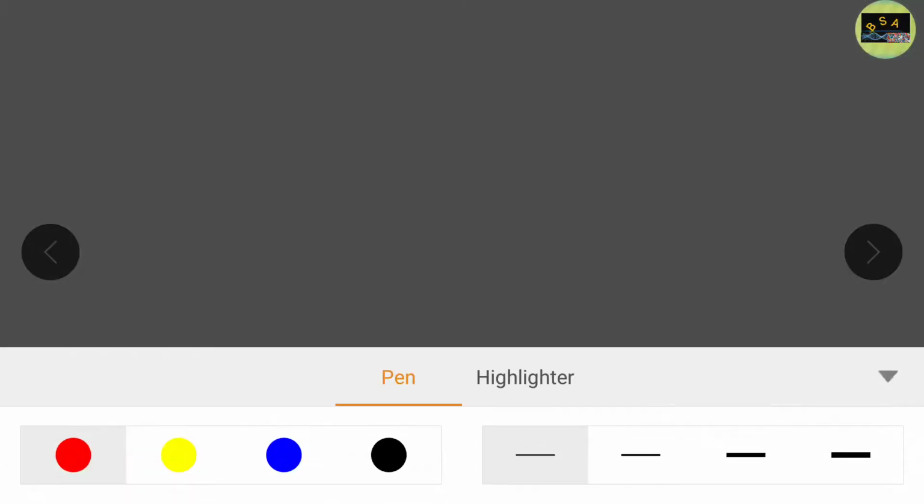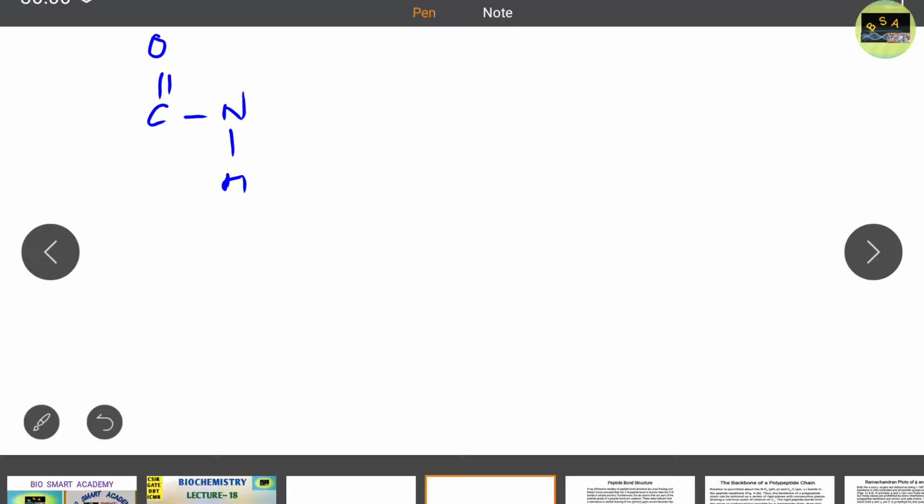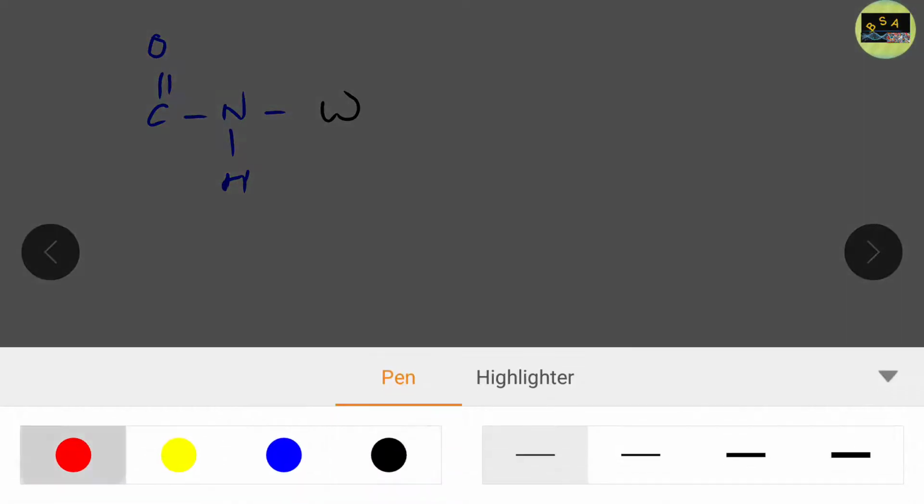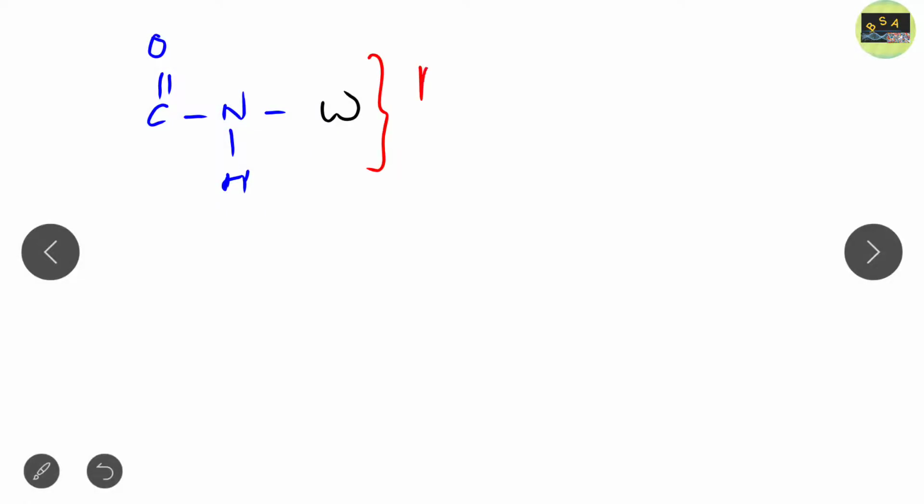Okay, so if you look at this structure, that is CONH, the angle is omega, as I discussed, and here the rotation is not possible. Why is the rotation not permitted?